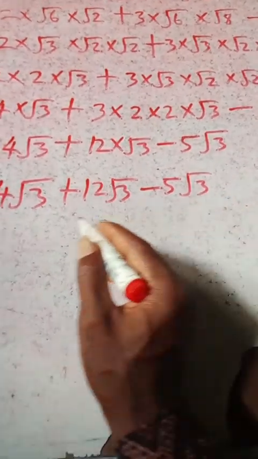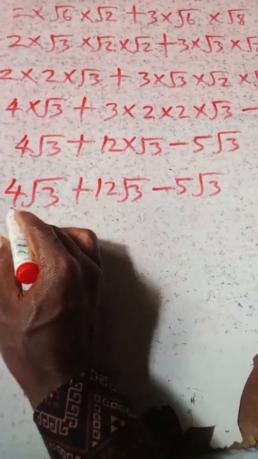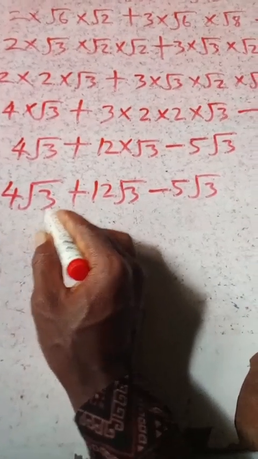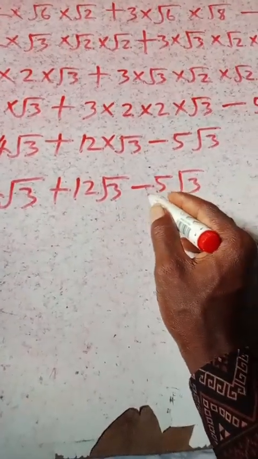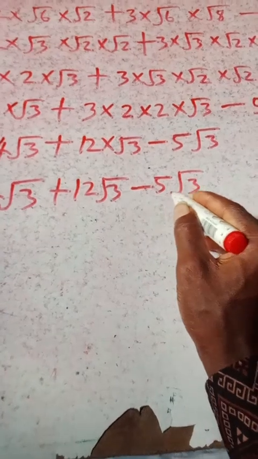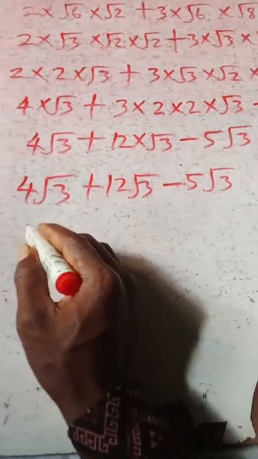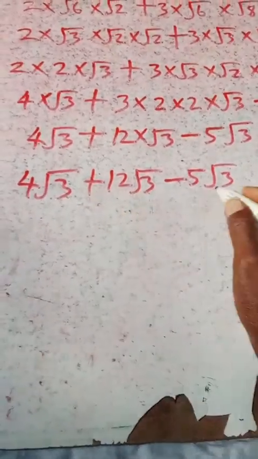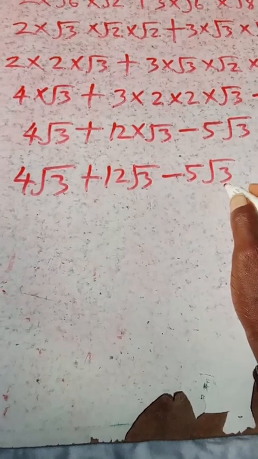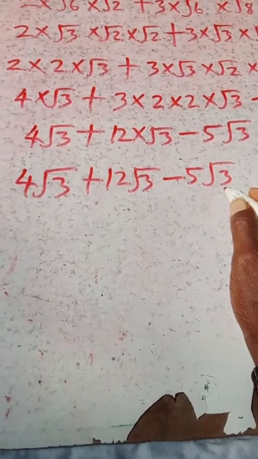Okay, it means you have 4 goats plus 12 goats, and then you are owing 5 goats. You have 4 goats, you have 12 goats, but you are owing 5 goats. Are you getting it? So that is how you analyze it.